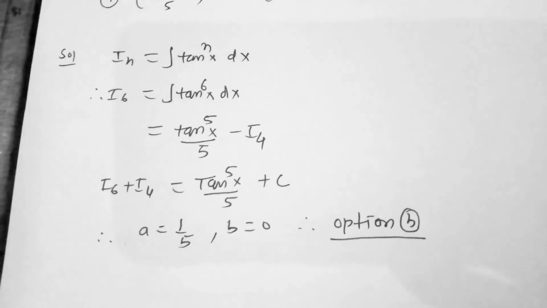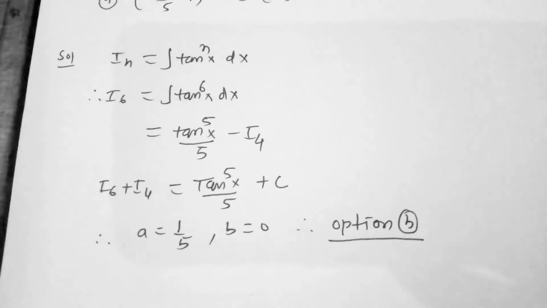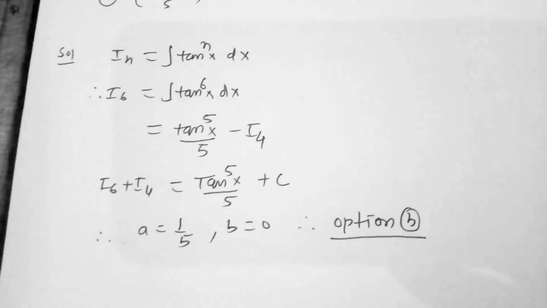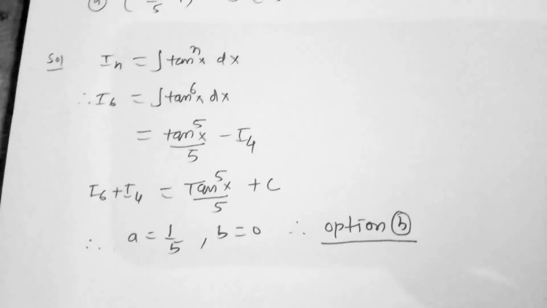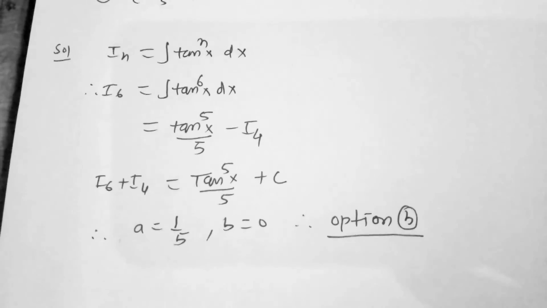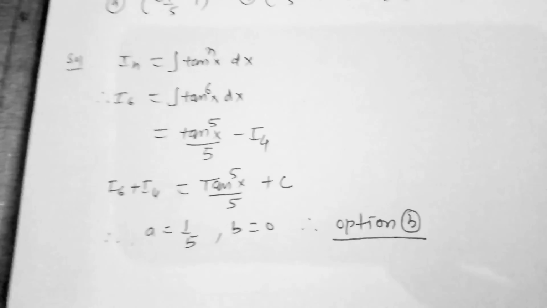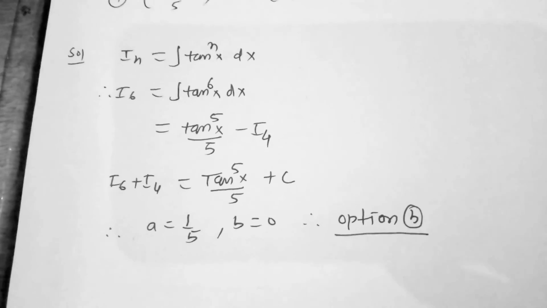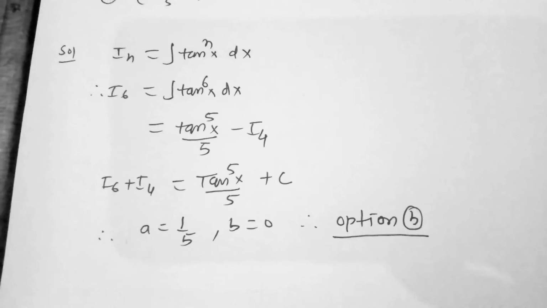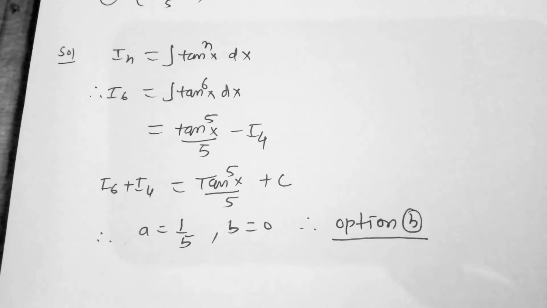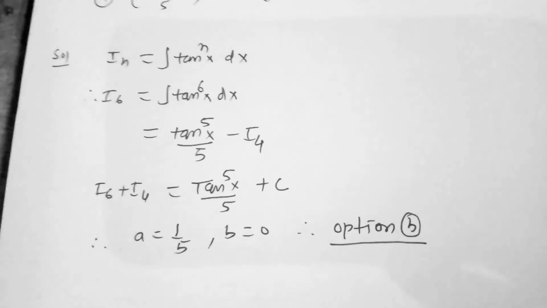If the question is the integration of tan to the power 4x, then the answer starts with tan to the power 3x divided by 3, and then we reduce the power by 2 and it goes on. That last term will be either x or log of sec x, depending upon the power of n, and the sign goes positive, negative alternately, starting with the positive sign, correct?